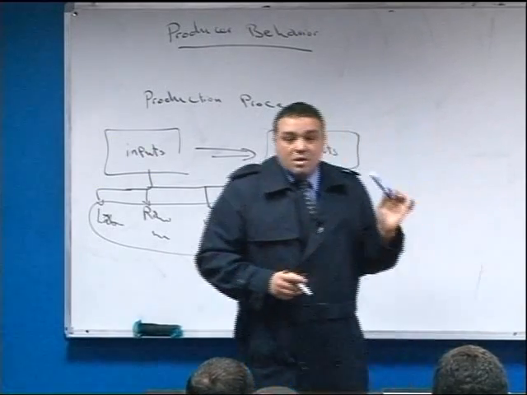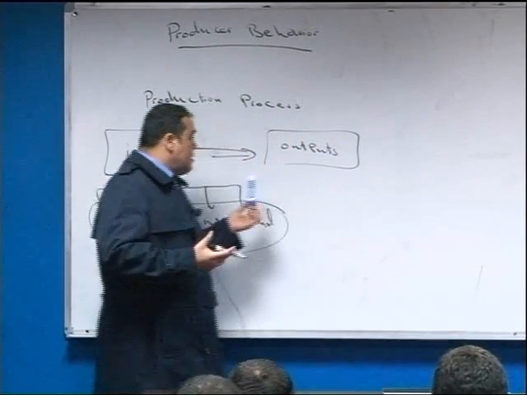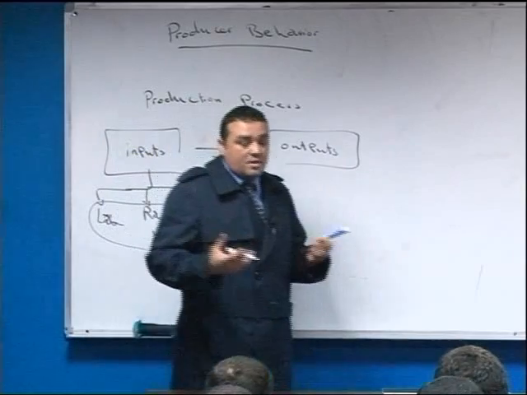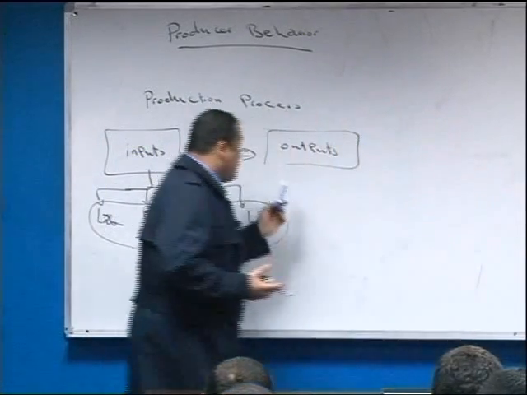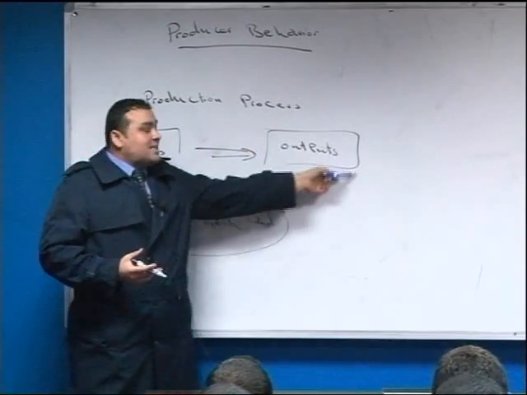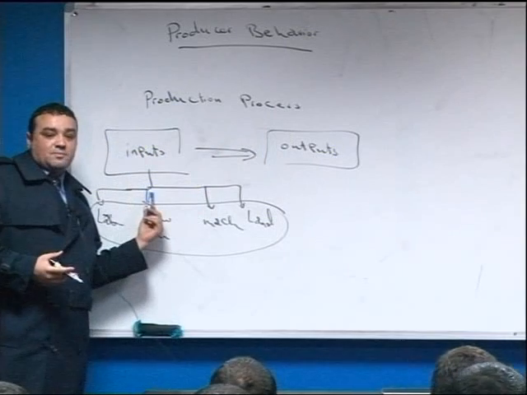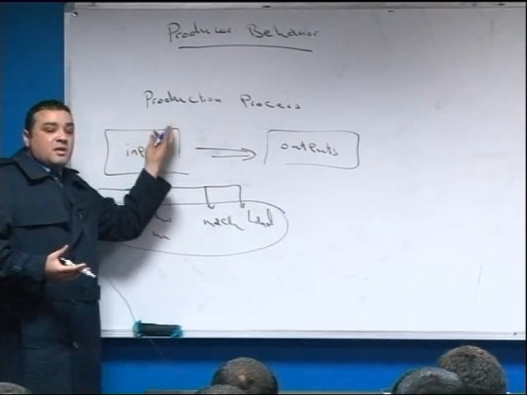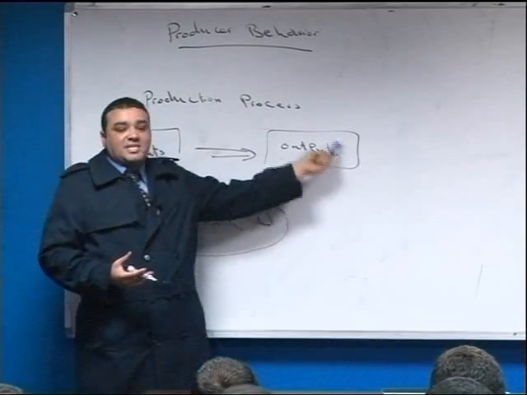Okay, so the main goal for the rational producer is to maximize output by using the same inputs, or to minimize the cost of inputs and produce the same outputs.